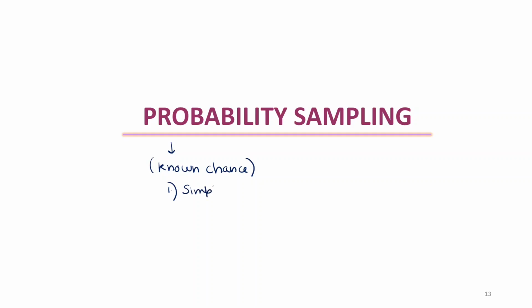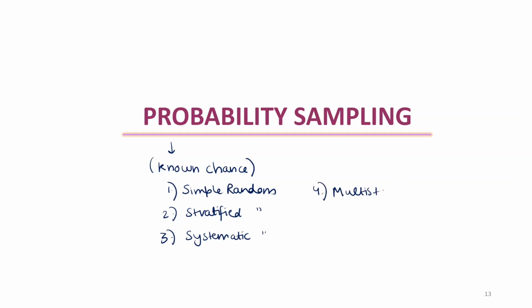First, we will learn about simple random sampling, then stratified random sampling. Then we will see systematic sampling, multi-stage sampling, multiphase sampling, cluster sampling, and last is lot quality assurance sampling.